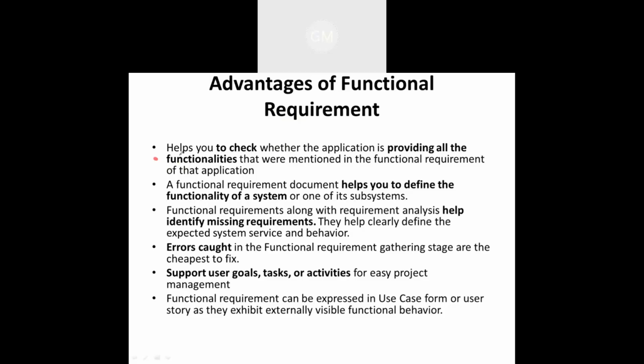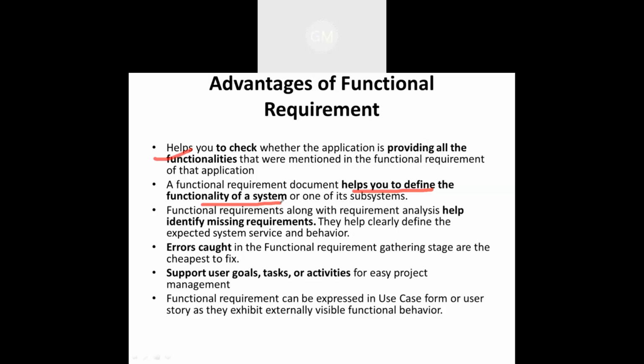This will be the first advantage. The functional requirement document helps us to define the functionality of systems, meaning what features or characteristics are going to be provided by the system. Like, as we are saying, MIS software is mainly used for maintaining all records of students, attendance, examinations, all details it is going to maintain. If you consider an online library system, it is going to maintain all book issue and return data, like that.